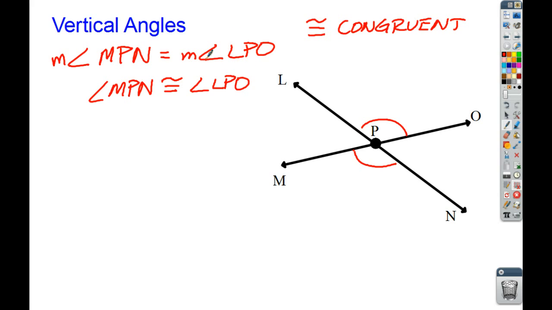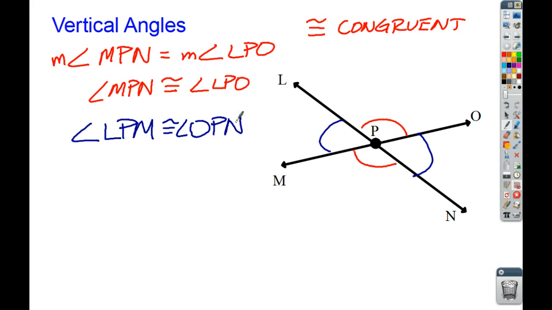Well, then why don't you pause the video and try to identify and name the other two vertical angles here. Okay, the other vertical angles I have here are going to be this one and this one. Let's write it using congruence. So angle LPM is going to be congruent to, it's equal to, angle OPN.